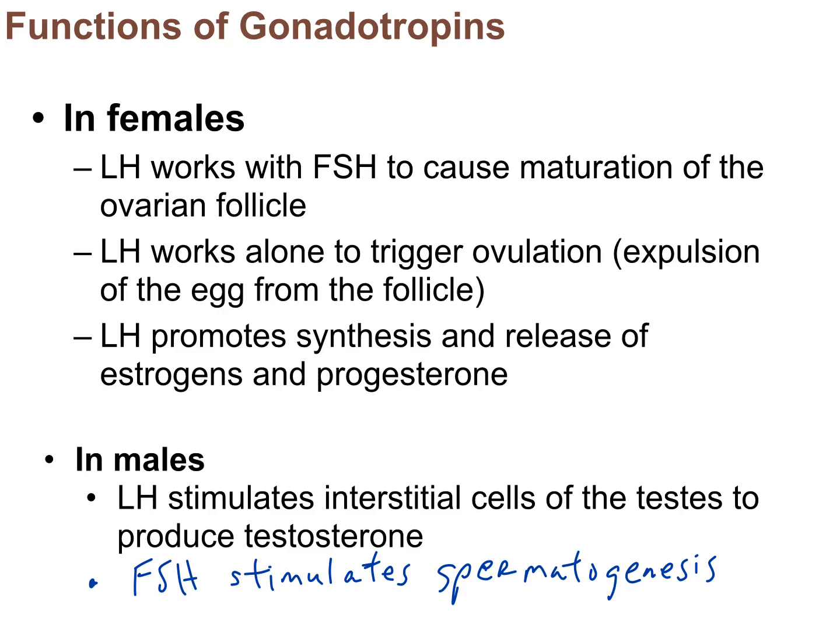You're going to see that follicle stimulating hormone, I don't have it listed here, will also cause a release of estrogen as well from the follicle. In males, luteinizing hormone is going to cause cells in the testes called interstitial cells to produce testosterone, and follicle stimulating hormone is going to stimulate spermatogenesis. Again, we'll get into more details and kind of add to that picture in chapter 27.